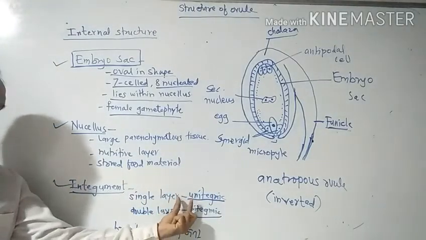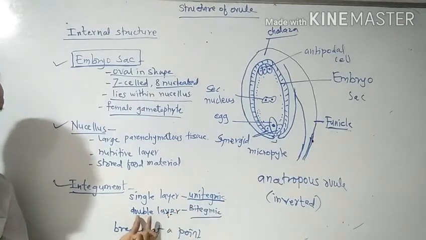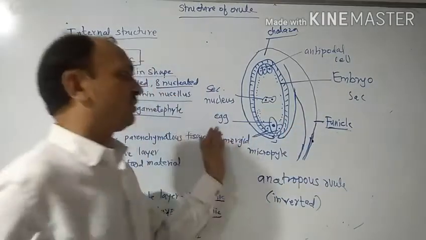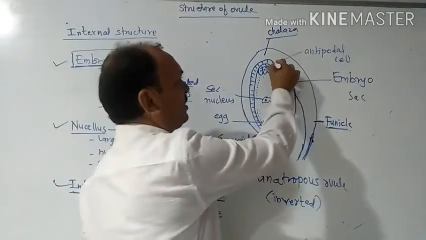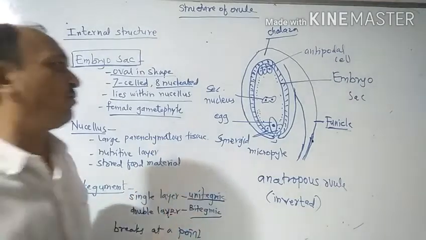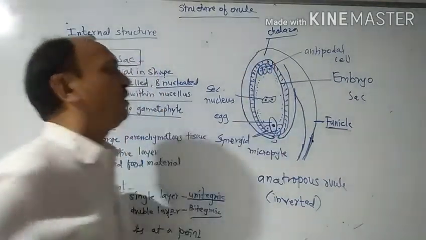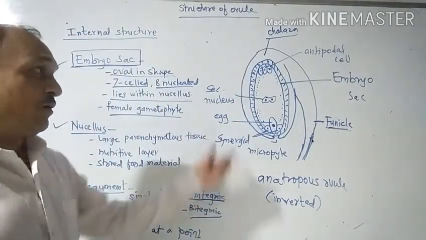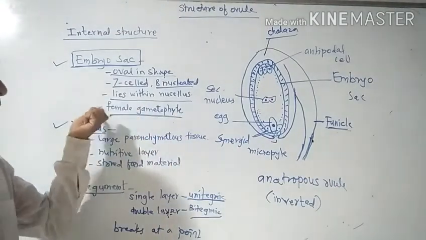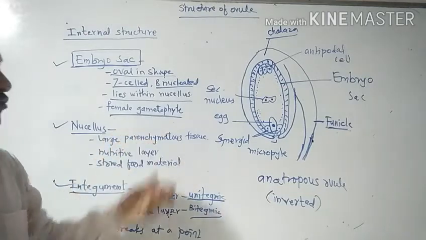If single, it is called unitegmic; if double, bitegmic. Then the integument is followed by the nucellus, a thin nutritive layer providing food material, and the central oval is the embryo sac, the main part of the ovule, called the female gametophyte.